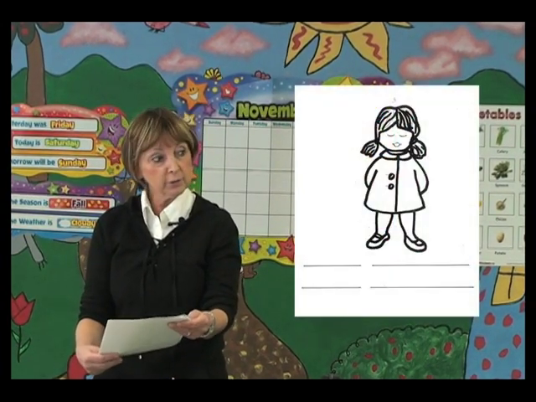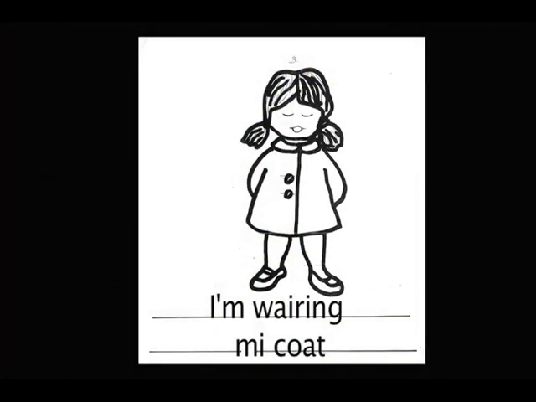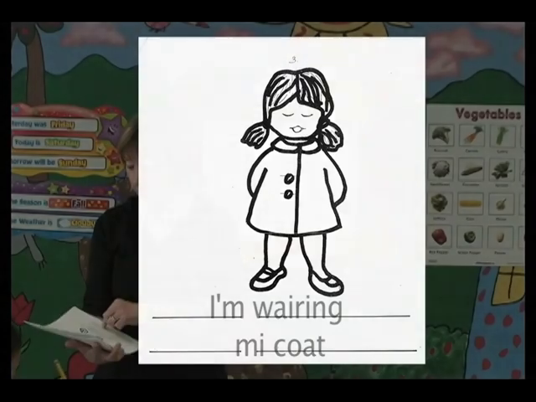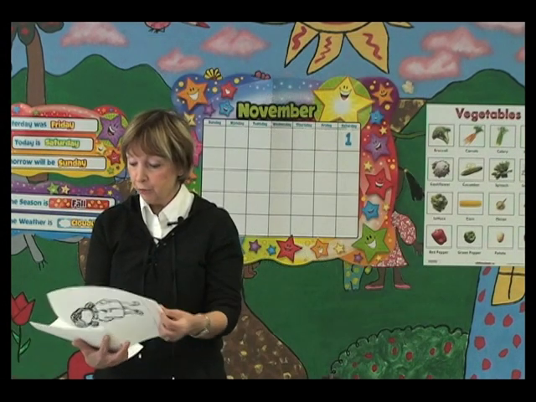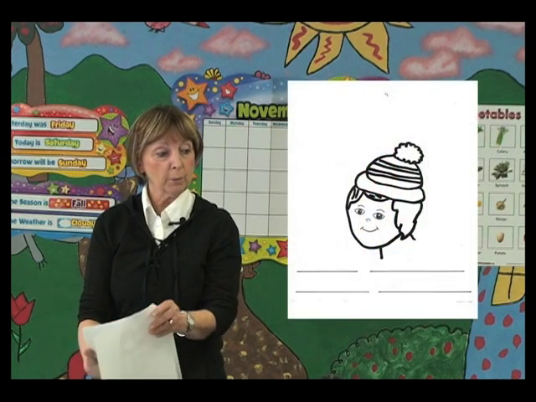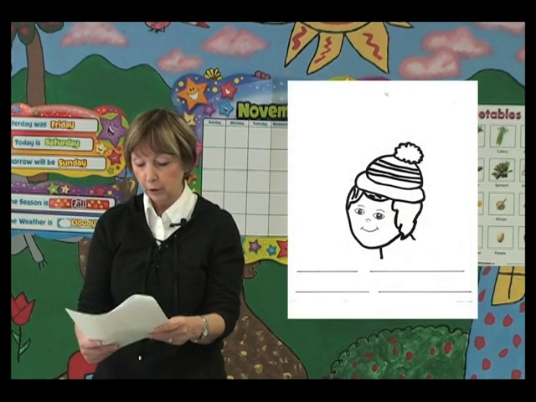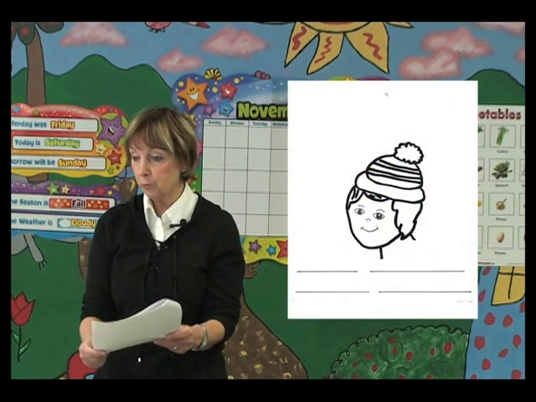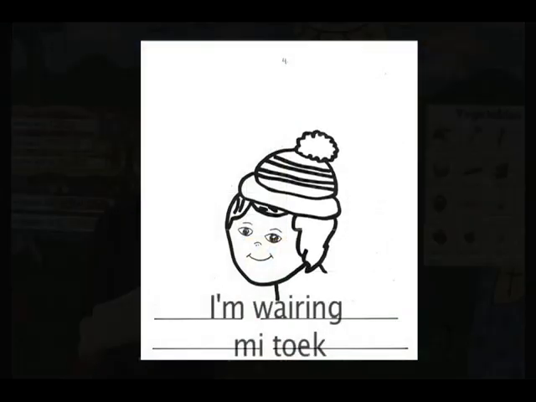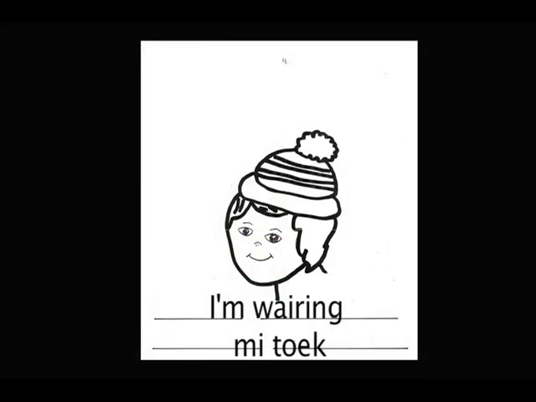So the sentence is, I'm wearing my coat. On page 4, you have a picture of a boy wearing a toque. So the sentence is going to be, I'm wearing my toque.